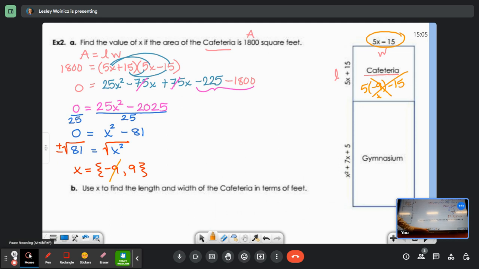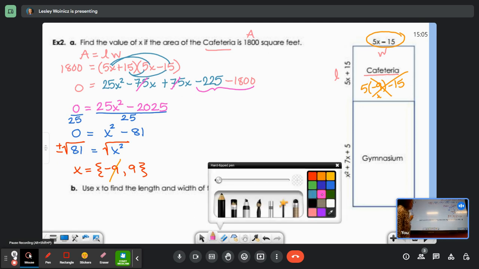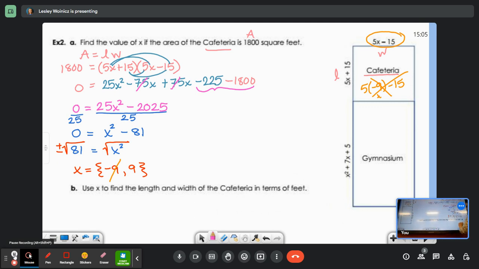Okay, let's see what happens when we try the positive 9. So the length is 5 times our x plus 15. So I plug in my positive 9. 5 times 9 is 45, plus 15 is 60.